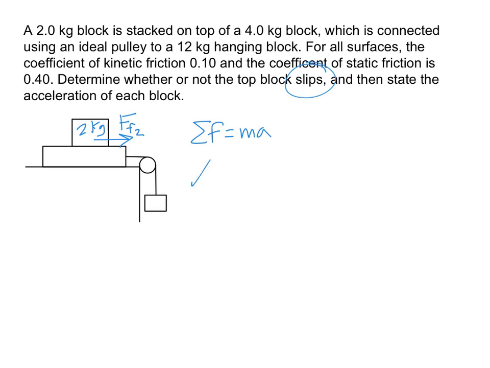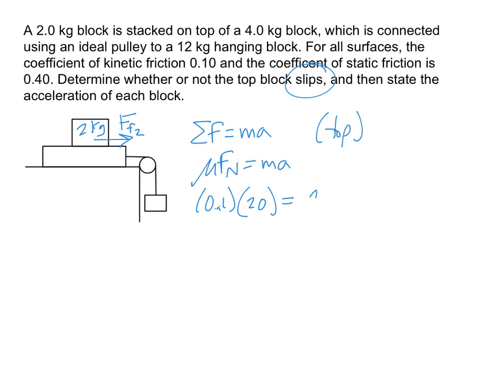So mu times the normal force equals ma. I know the value, or I can find it. So it's 0.1 times, and again, the normal force is just due to the 2 kilograms, so 20, and I'm just looking at the top block.